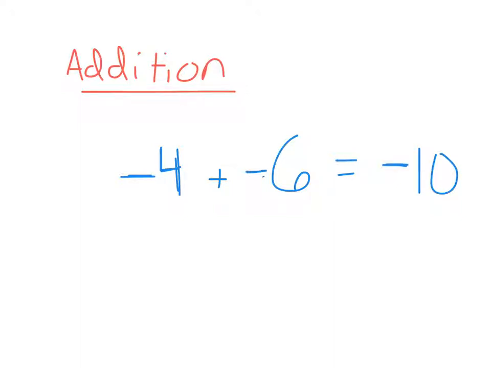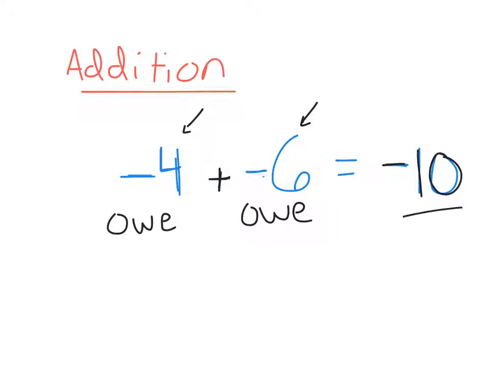A way that we can also think about that, again, negative integers indicate something that I owe. If I owe $4 for something, and maybe I owe $6 for something else. So say I'm going to buy two things at the store, I owe $4 for one of those items, and I owe $6 for another one. When my cashier totals up what I owe, she's going to tell me that I owe $10, and that's exactly why we ended up getting that.